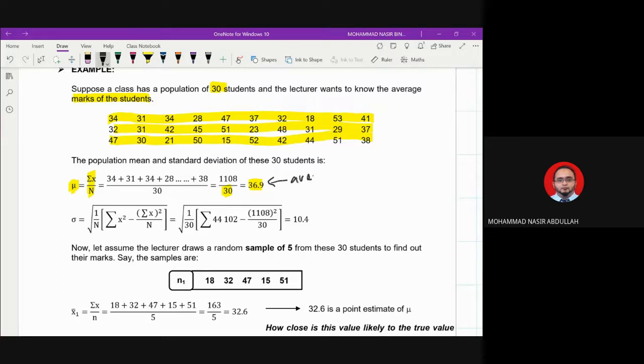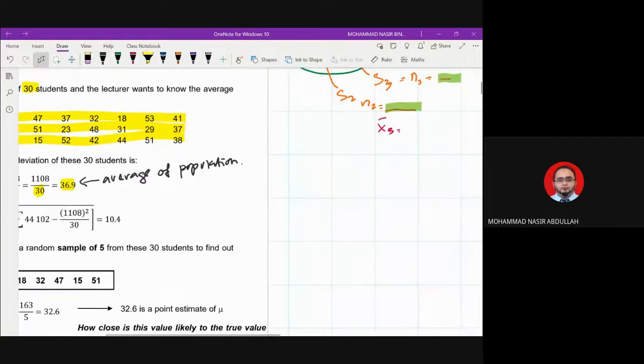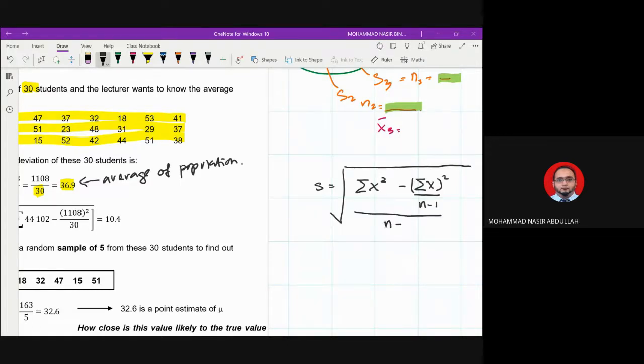So this is the average of the population. The standard deviation formula is still the same as the sample one, but if you look closely at the sample standard deviation, this formula is the square root of summation of x square minus summation of x all squared divided by n, everything divided by n minus 1.